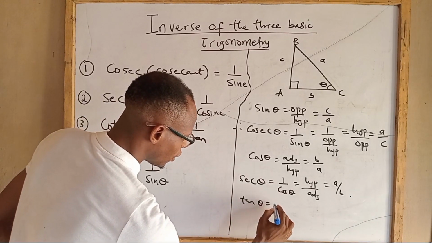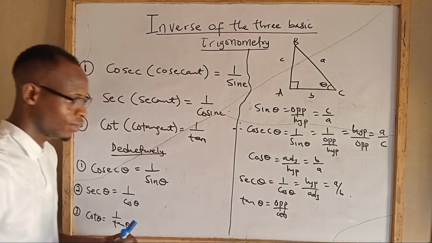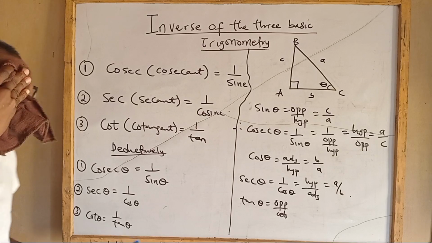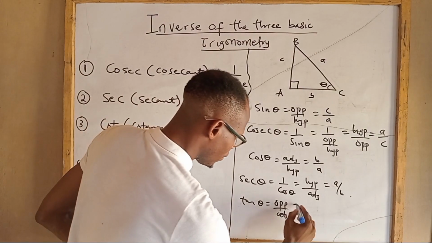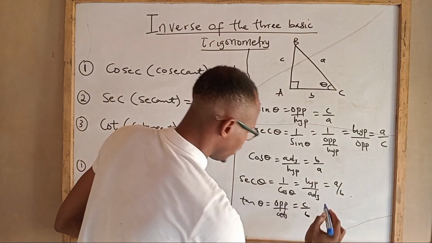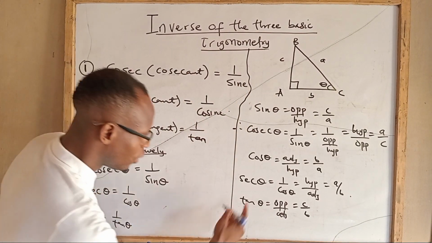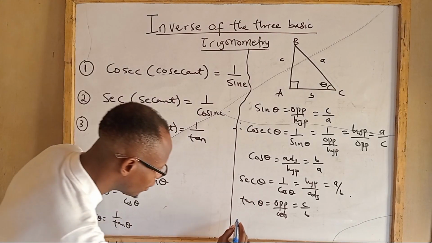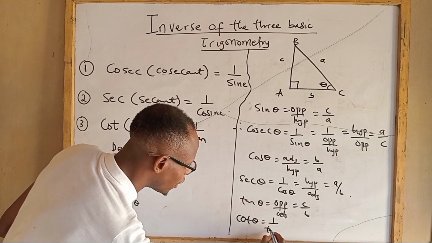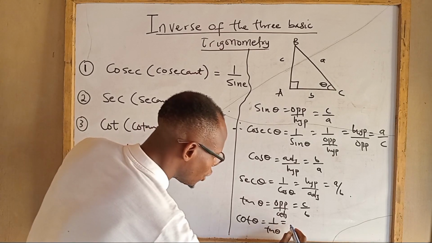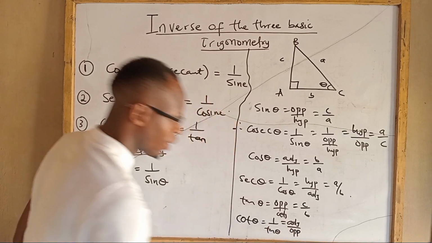Tan theta is equal to the opposite over the adjacent, so the opposite here is C over B. Okay, I can manage this space for that. Now cot theta is equal to the inverse of tan theta, so the formula changes to adjacent over the opposite.